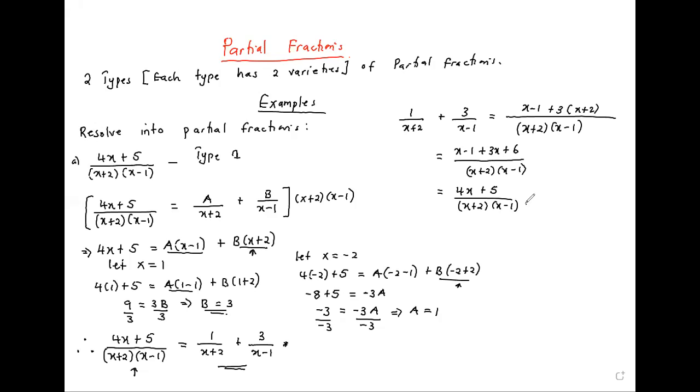So this is the simplest type. Now, if you find that your question looks almost like this type, but then one of the factors has been squared, we call it a repeated linear partial.